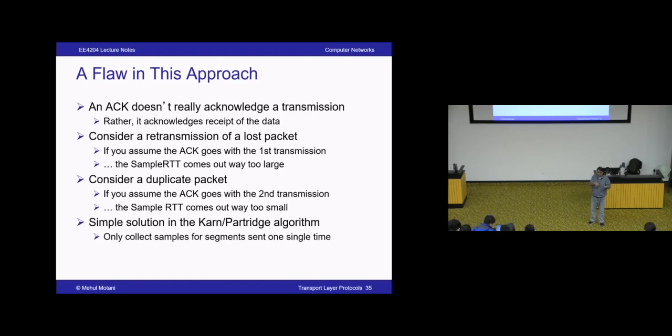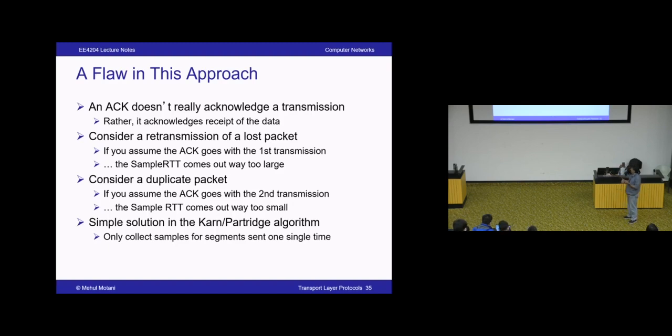The approach that estimate 1 takes says that for every packet I send, I'm going to try to compute an estimate. The flaw in this approach is that it's difficult to know, when I get an acknowledgement, which transmission to tie it to, because the difference is the RTT. For example, if you have retransmitted a lost packet and you tie the acknowledgement to the first transmission, your RTT is too long.